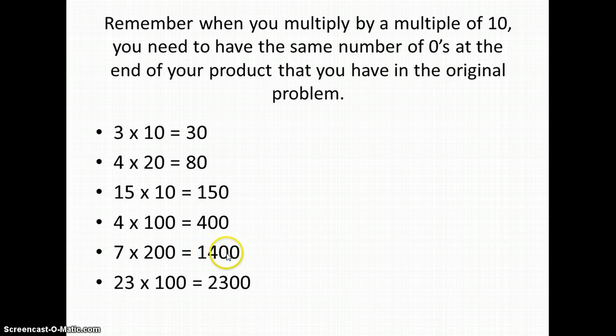And since 200 has 2 zeros, I would put 2 zeros at the end of my product. 23 times 100, I would think, what's 23 times 1? That gives me 23. And since 100 has 2 zeros, I would put 2 zeros at the end. So the number of zeros at the end of the numbers I'm multiplying is going to tell me how many zeros I'm going to have at the end of my product.